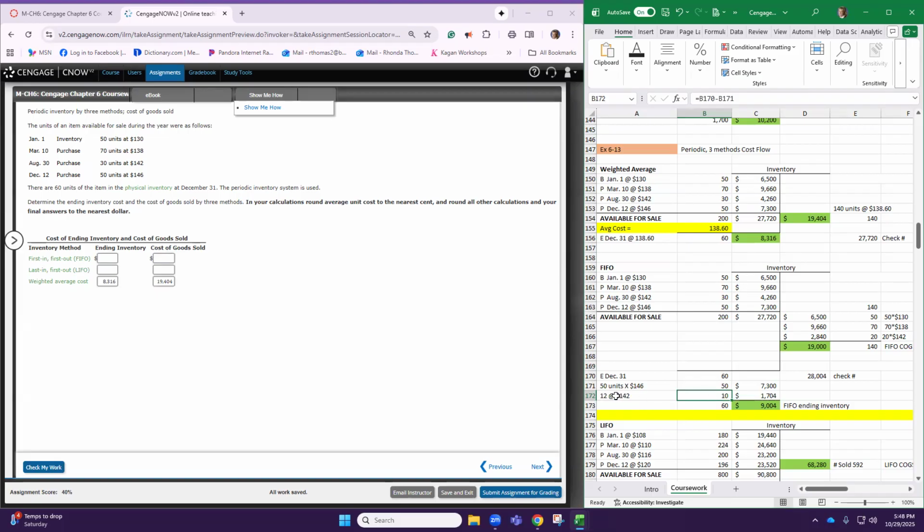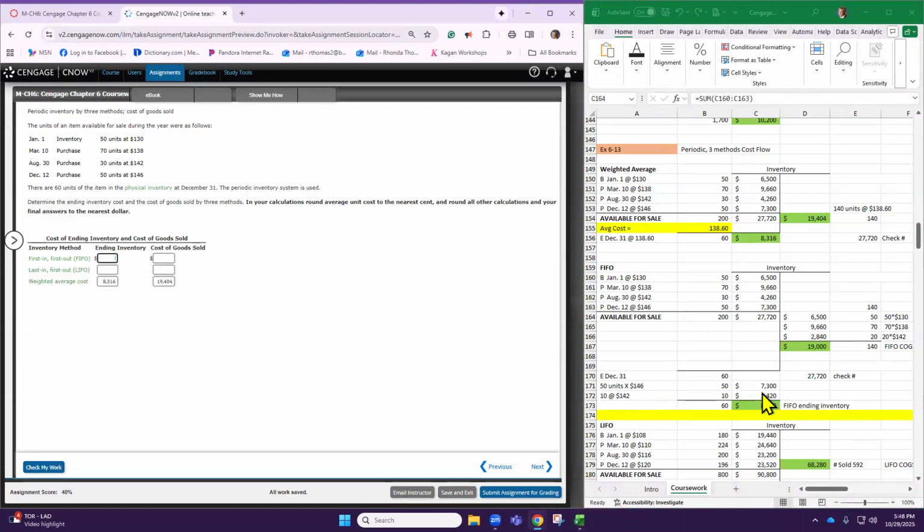No, okay, so let me fix this. There should be 10 units. There's our problem. 10 units at 142. Okay, there we go. Now those two add up to the units available for sale. So now I feel much better.